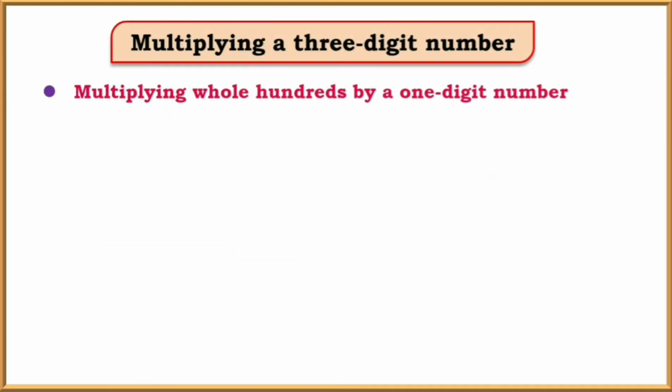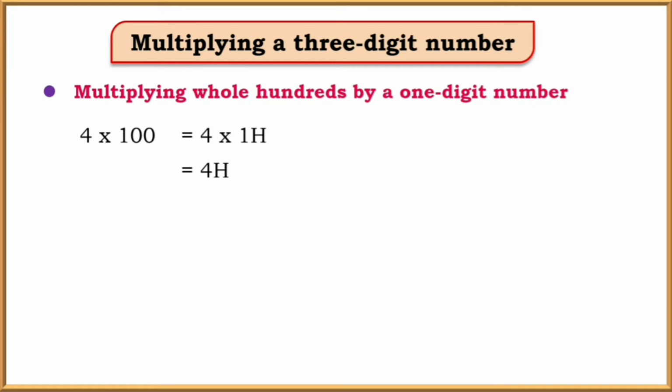Now multiplying a 3-digit number. Multiplying whole hundreds by a 1-digit number. So 4 multiplied by 100. 100 means 1h, right? So 4 multiplied by 1h. So 4 multiplied by 1h is equal to 4h.